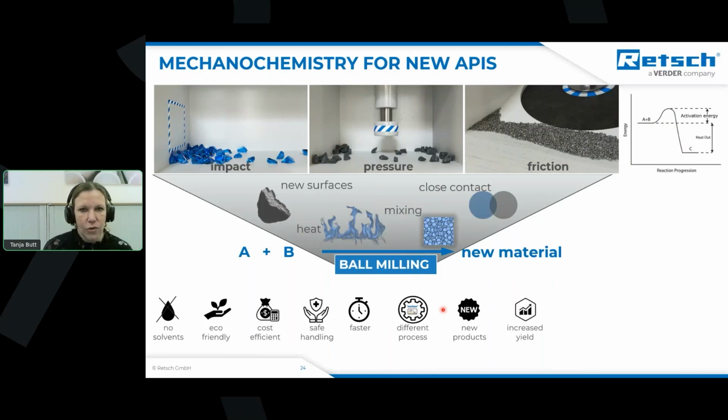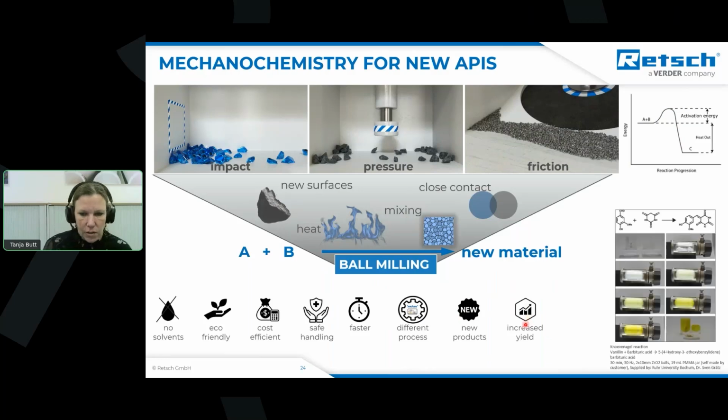So you get different material from A and B than in the traditional way of doing chemistry. So you can form new products you do not get with traditional ones, and you get maybe increased yields. So this is really a nice way to influence the R&D on APIs.